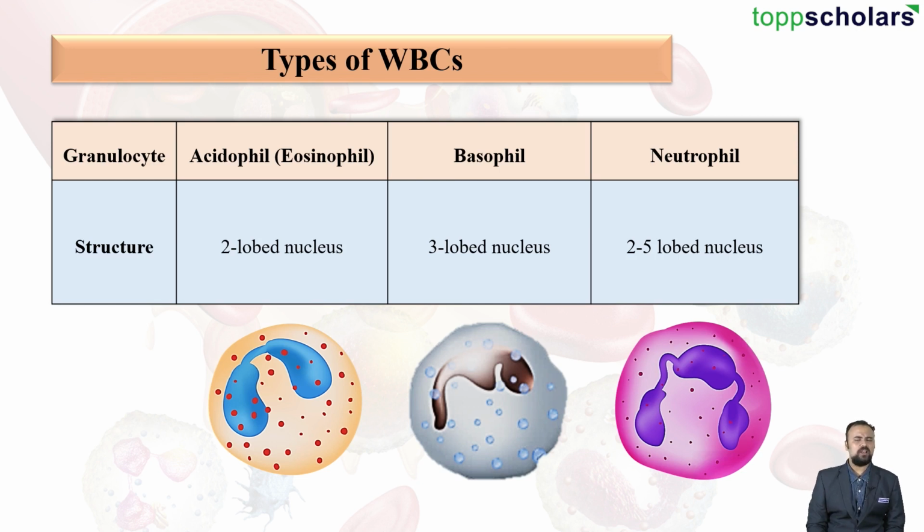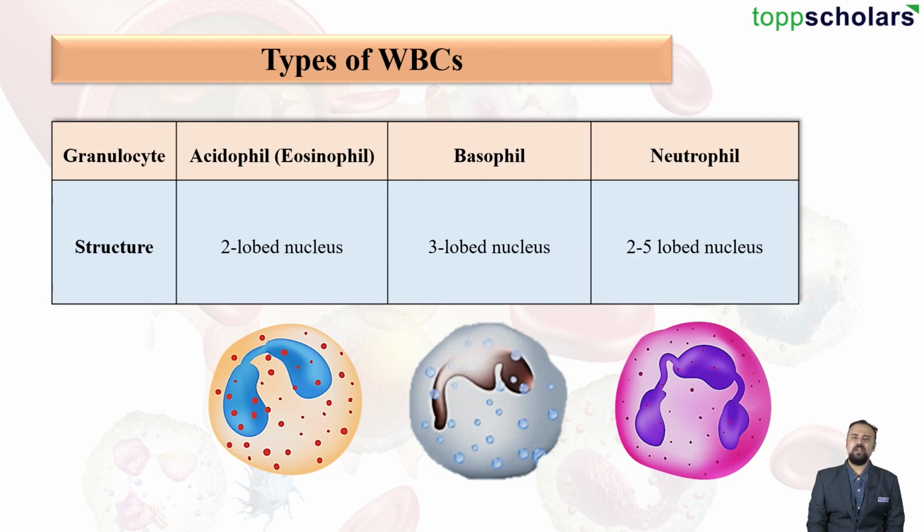Now structurally, these cells are different. Eosinophils have a two-lobed nucleus, basophils have a three-lobed nucleus, and neutrophils have a 2 to 5 lobed nucleus.